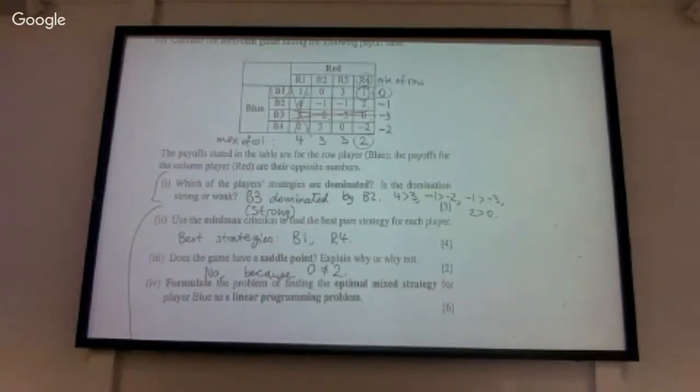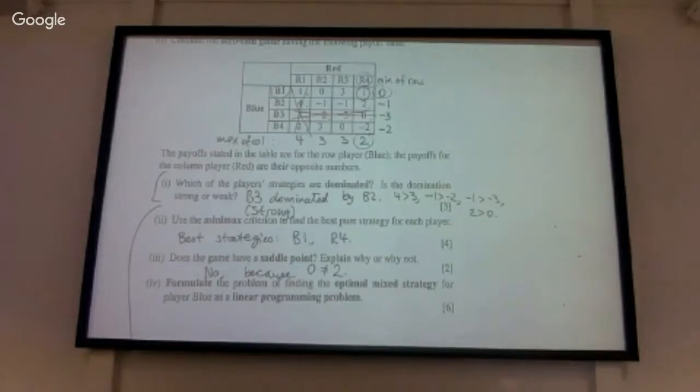An equilibrium that comes from this minimax is called a saddle point. If that doesn't give you a saddle point, then there is no equilibrium of pure strategies. So you go on to the linear programming formulation.